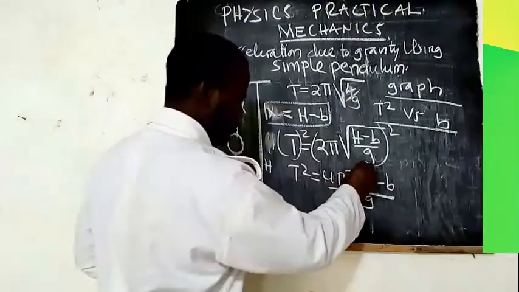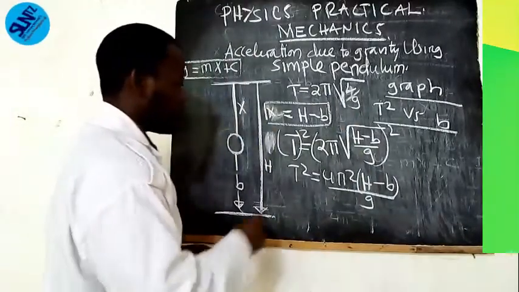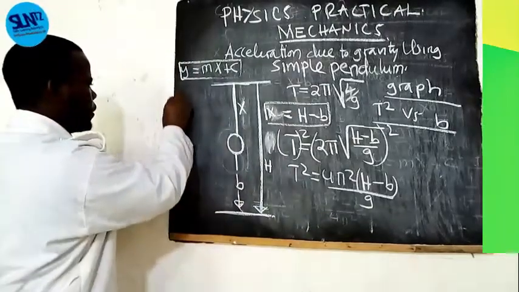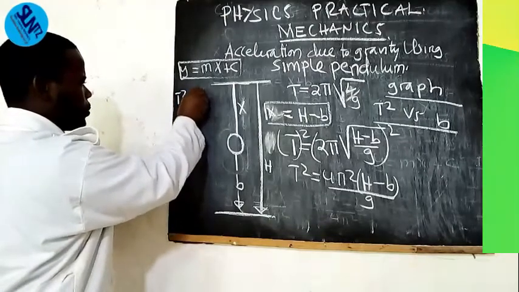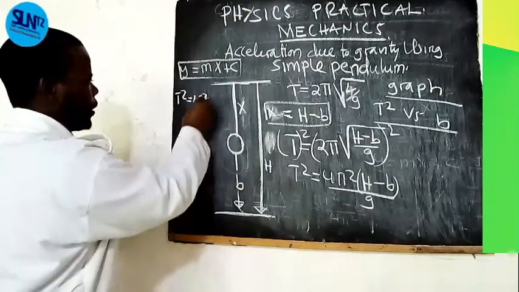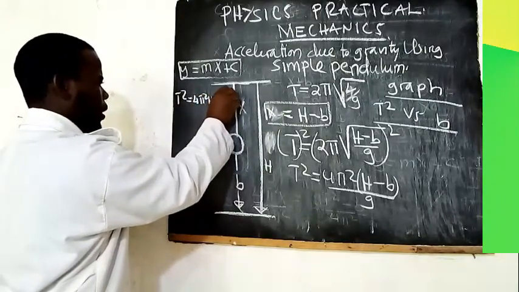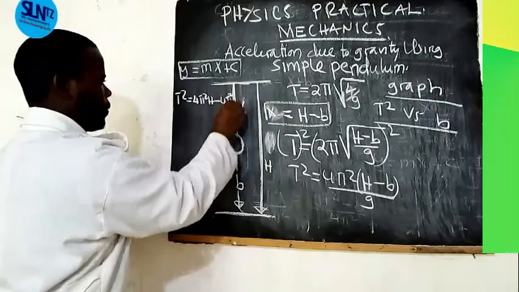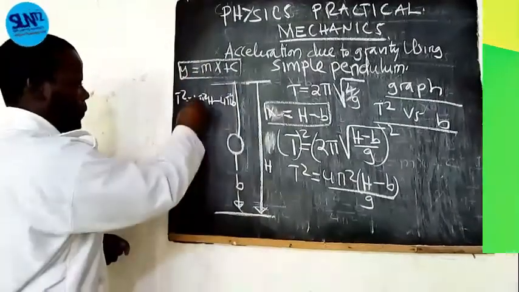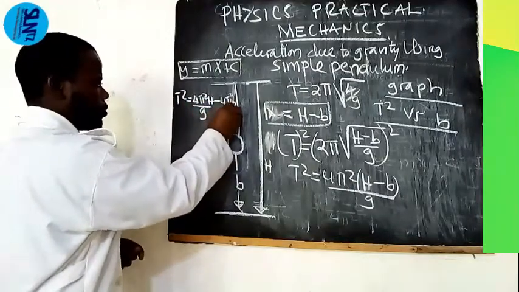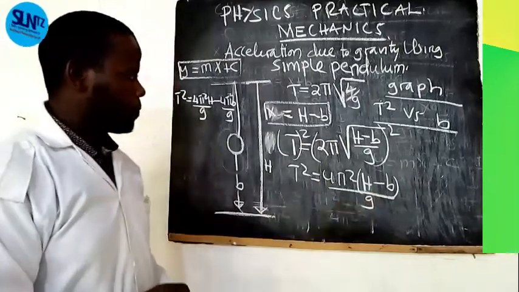So this is multiplied in both. So the equation will be T square is equal to 4 pi square h minus 4 pi square b, here this is over g and this is over g, because it is multiplied in both sides.